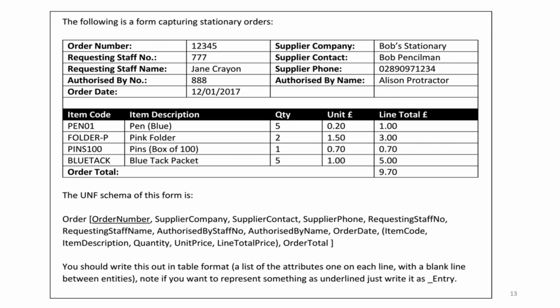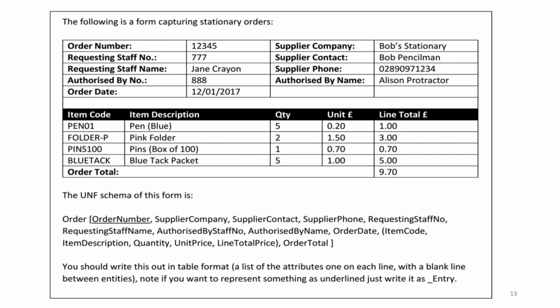You're given this unnormalized form schema. Order is the whole entity that we have at the first instance, with order number as the primary key for this whole set. Supplier company, supplier contact, etc., till order date, and then this repeated group in the brackets, and also order total, which is not repeated technically.